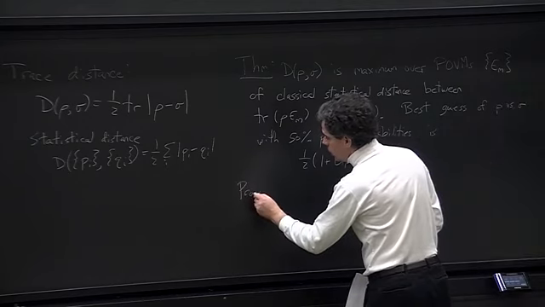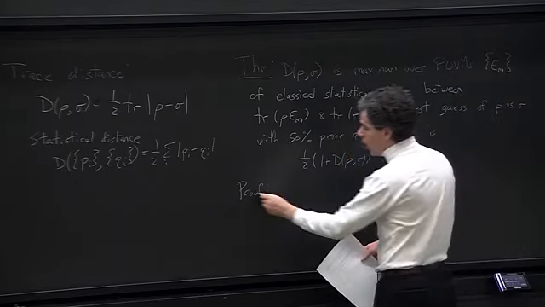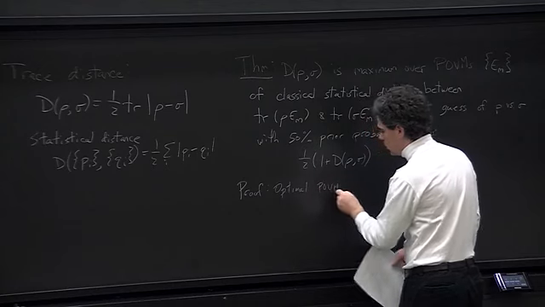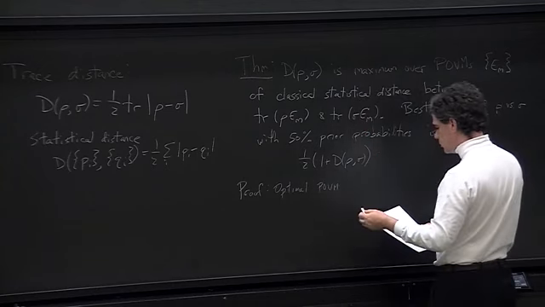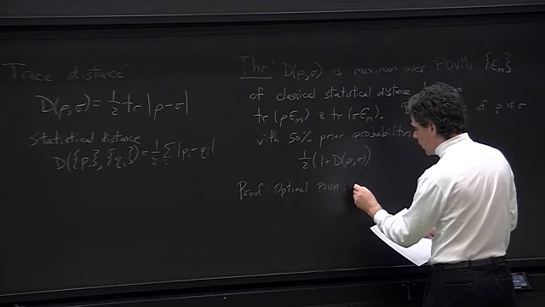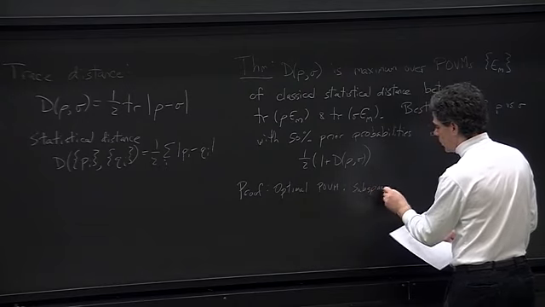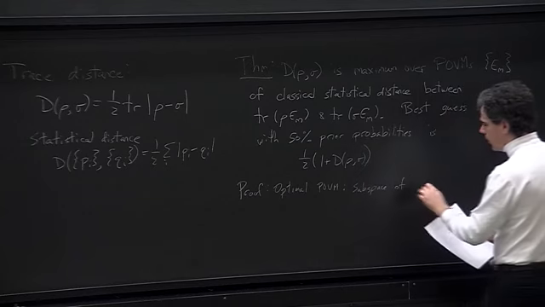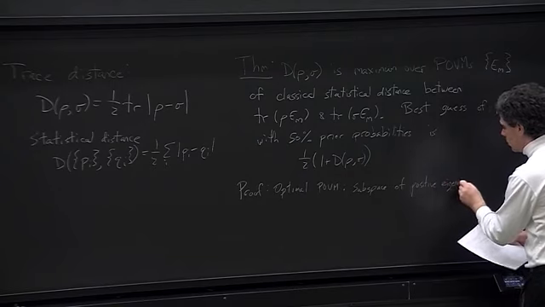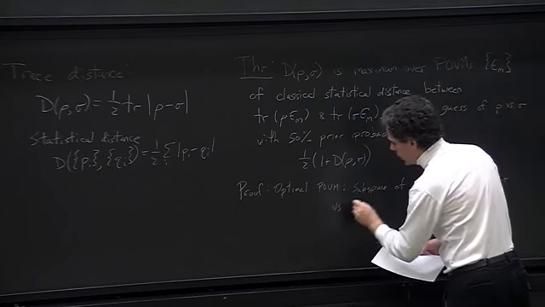And so the proof here, well, how do you make that best guess? So what's the optimal POVM? So you take a projective measurement onto the subspace of positive eigenvalues of rho minus sigma versus the negative eigenvalues.